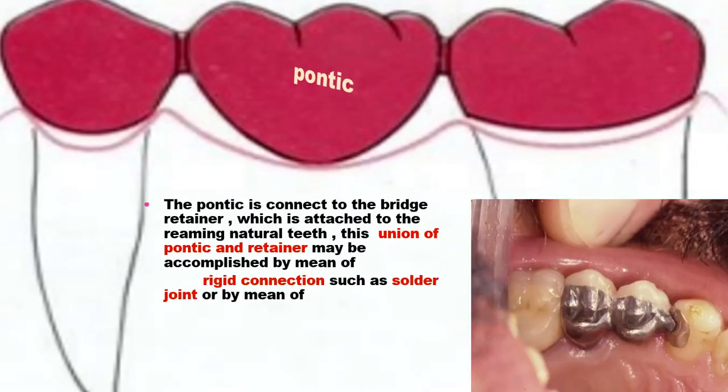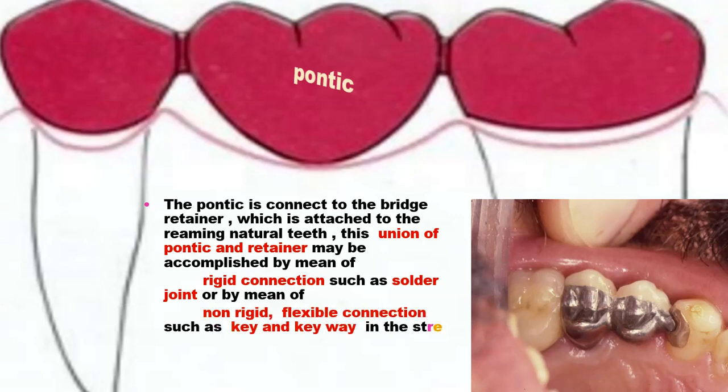البونتيك مثل ما حكينا بالريتينر could be connected to the bridge retainer. This connection أو union ممكن يكون fixed or could be flexible، يعني rigid or flexible. We have rigid and flexible connection.